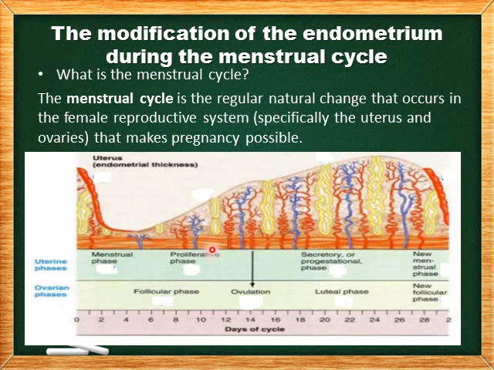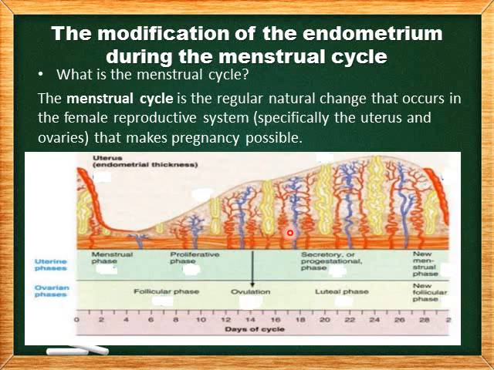The proliferative phase is characterized by thickening of the endometrium. As you see here, the endometrium becomes thicker and becomes rich in certain structures. Day 14 is the day of ovulation. After this, we call this phase the secretory phase.